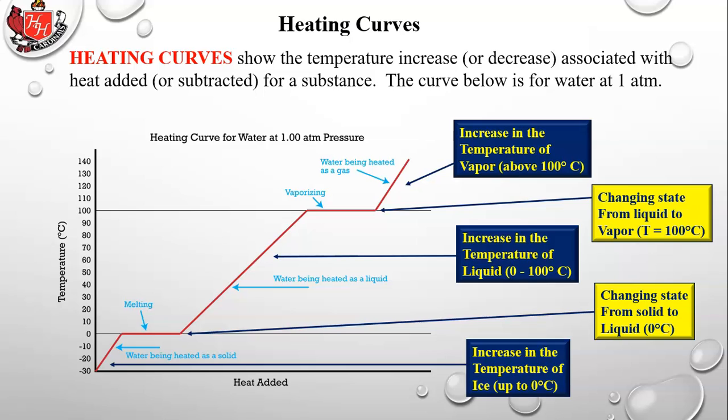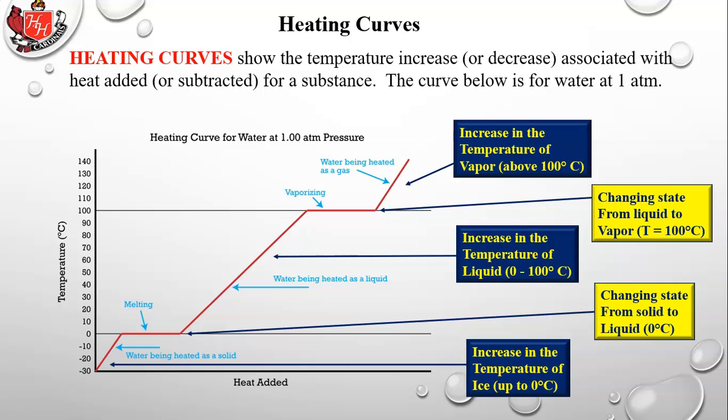While the water is boiling away, it stays at 100 degrees. Because once a water molecule has an energy greater than the temperature equivalent to 100 degrees, it's going to vaporize. It's going to break away from the liquid water and float away. So that flat line, the higher of the two flat lines, is a changing state from liquid to vapor.